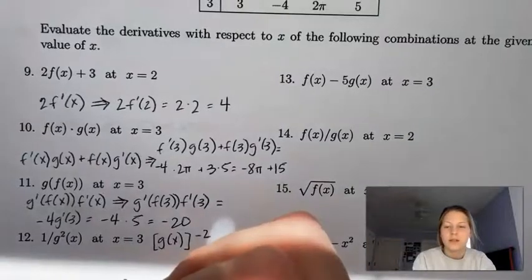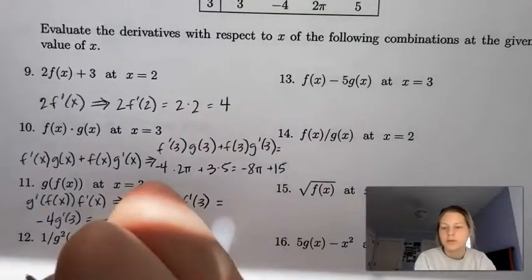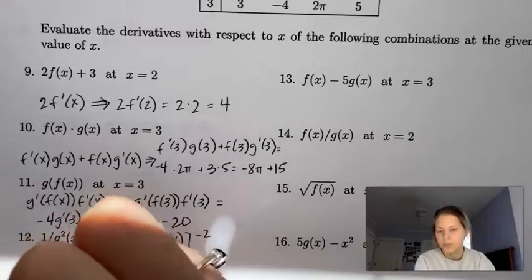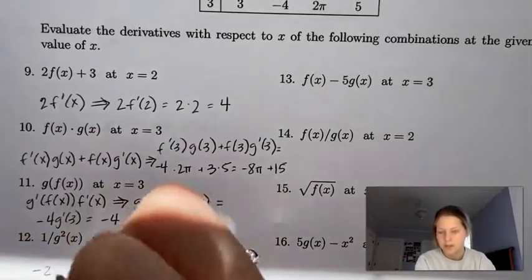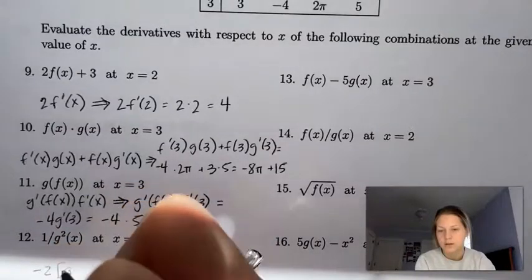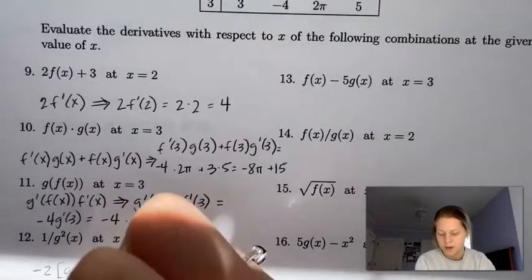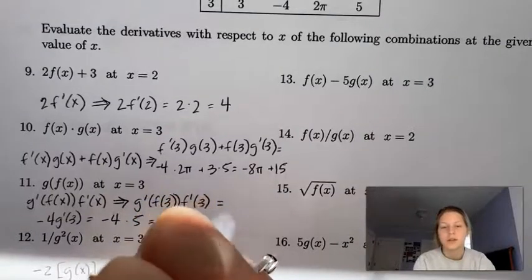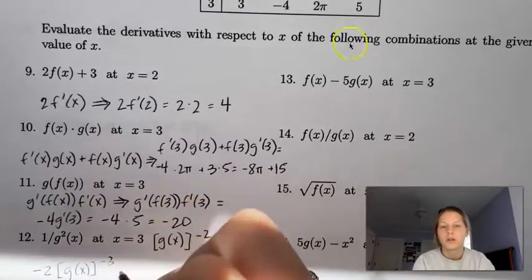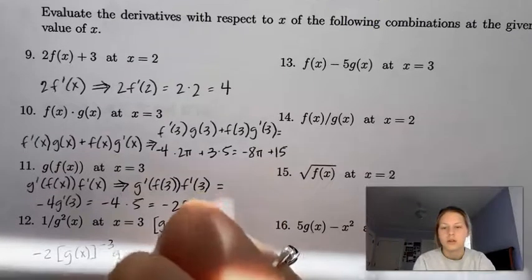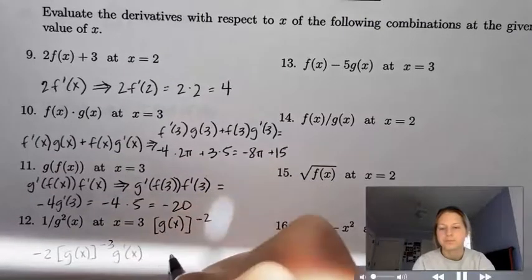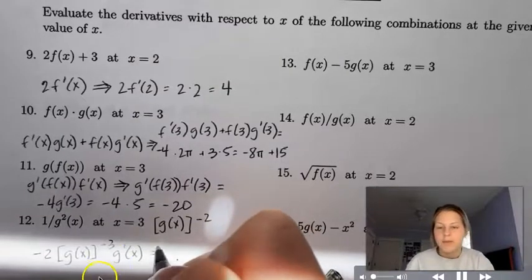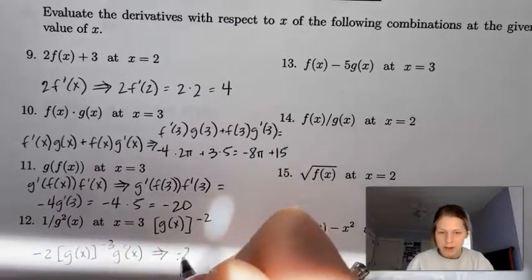And then the answer we'll get when we take the derivative first is -2 times g of x to the -3. This is a little tricky because we are using a negative exponent, and then we'll multiply times g prime of x.